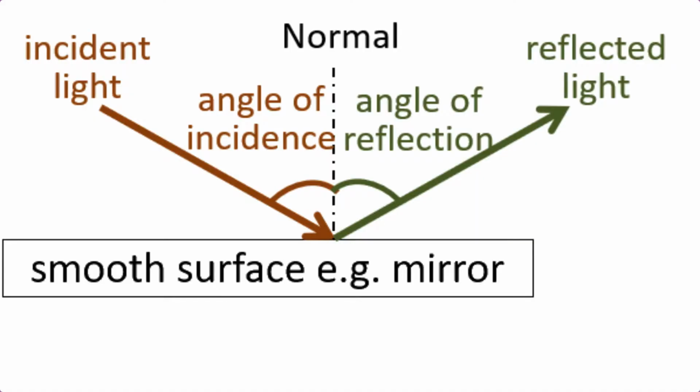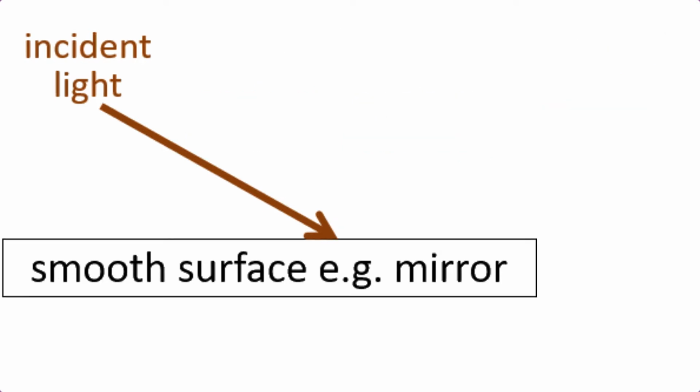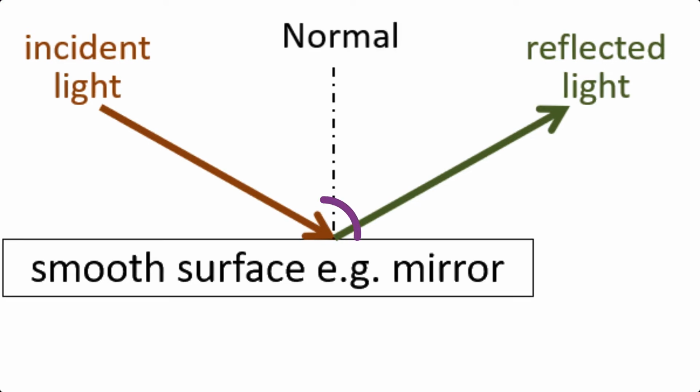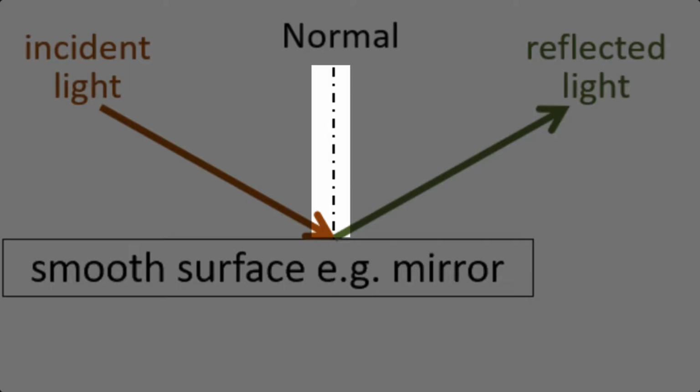This is how reflection happens off a smooth surface, let's say off a mirror. We call the light which shines on the mirror incident light. The light which travels from the mirror is called the reflected light. At the point where the incident light strikes the mirror, we draw an imaginary line at right angles to the mirror.